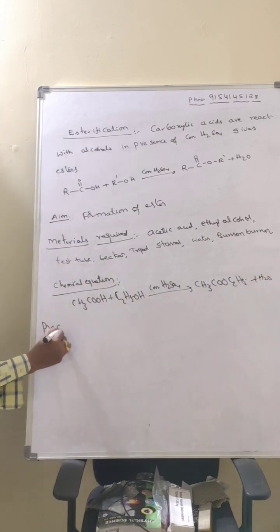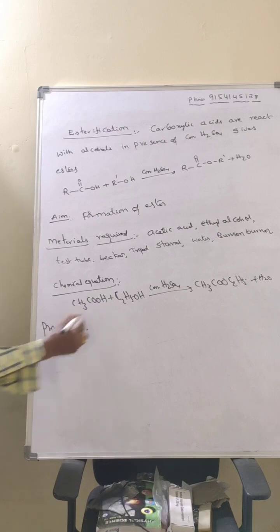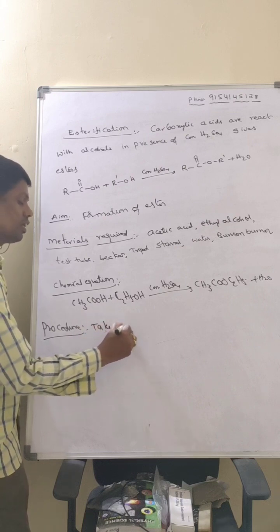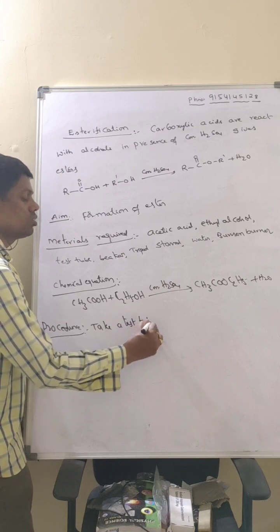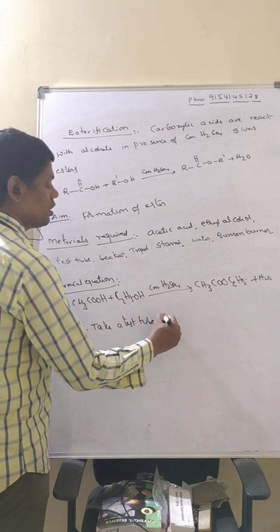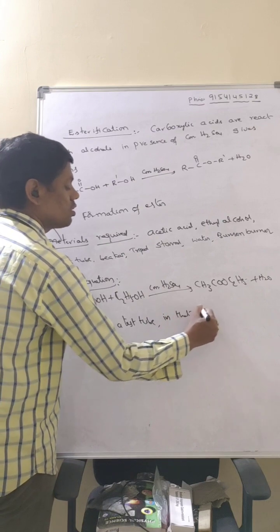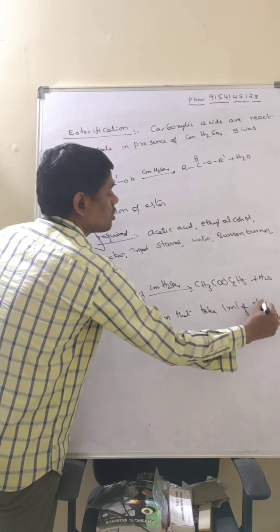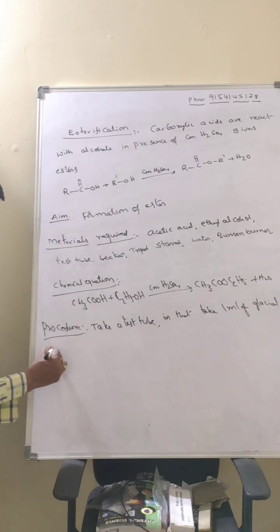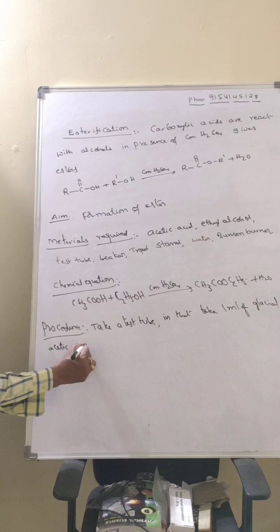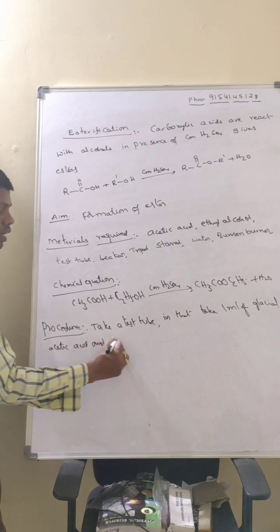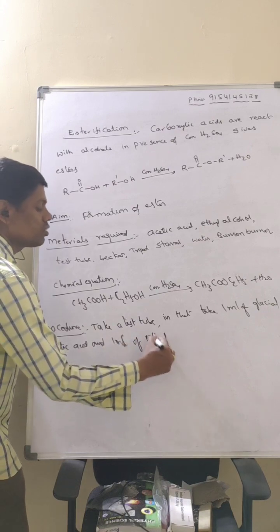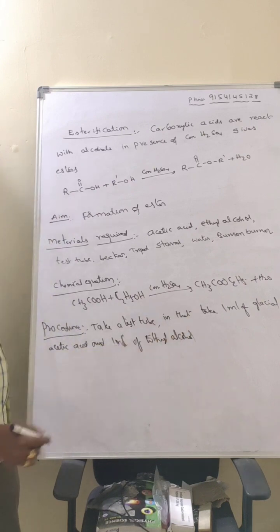Procedure: Take a test tube. In that, take 1 ml of glacial acetic acid and 1 ml of ethyl alcohol.